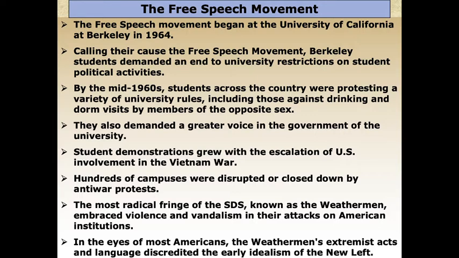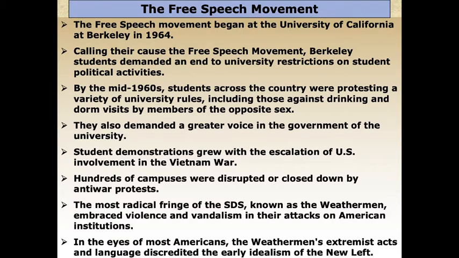SDS, the violent fringes of it, like the Weathermen, are going to embrace violence and vandalism and try to attack American institutions. So we do have a tinge of radicalism there.